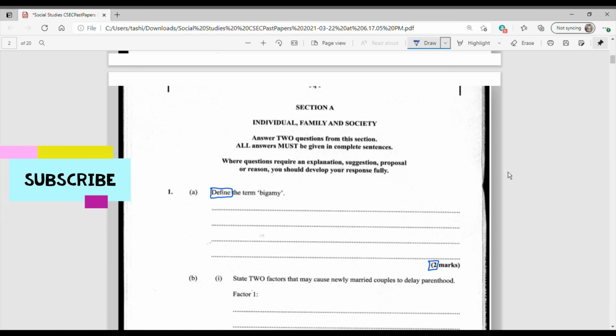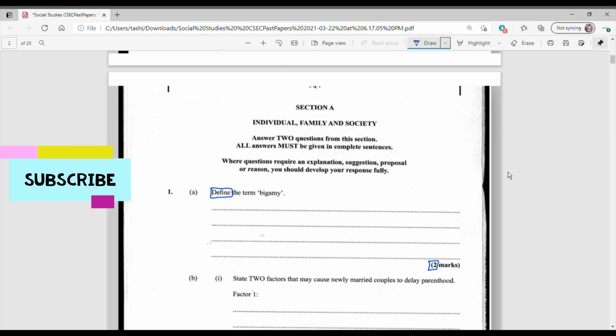So let's begin. Define the term bigamy. Remember that you're writing this in a sentence, so you would start it off as how you would write it in a sentence. You could say the term bigamy refers to, or bigamy can be defined as, and then you give your answer. So bigamy is actually an offense of marrying more than one person at the same time.